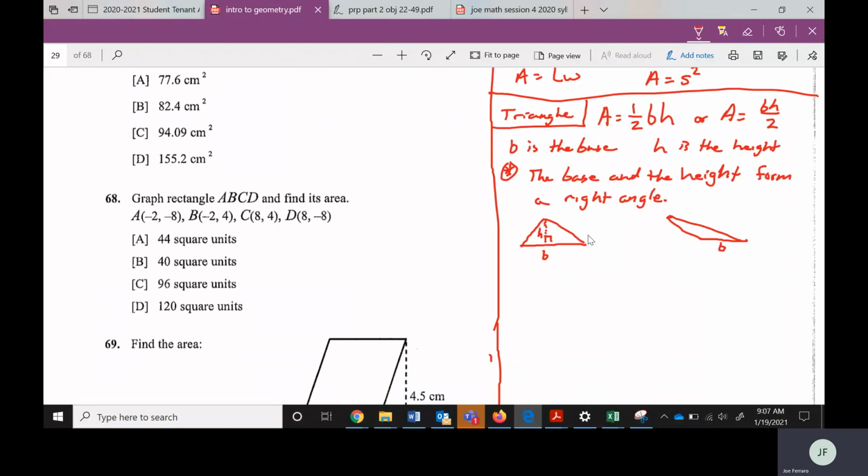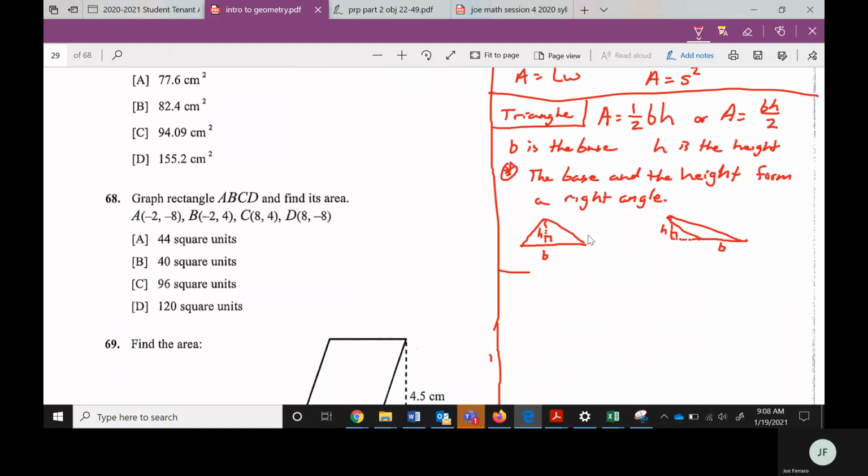So it has to start here, here, or here, and to draw it down to the base, we have to actually draw an imaginary line. So if we use that for the base, here's your right angle, and this is the height. Again, we'll look at some examples that'll make that a little more sense.